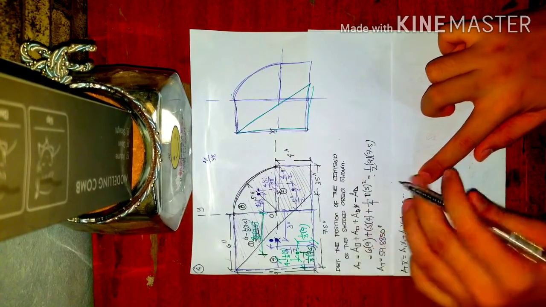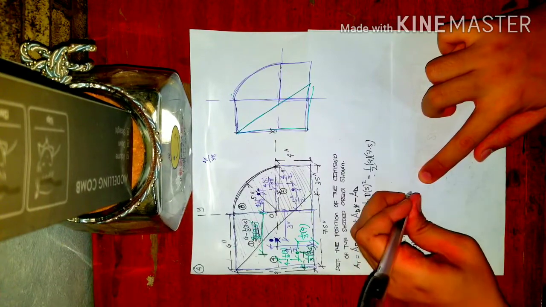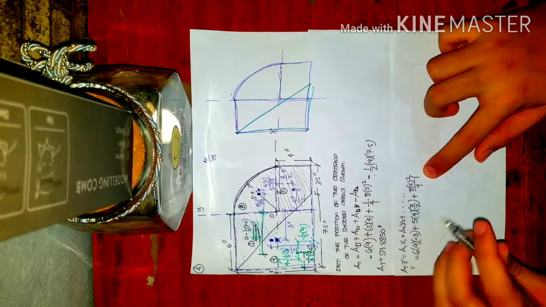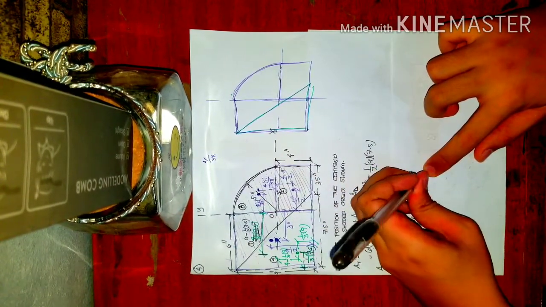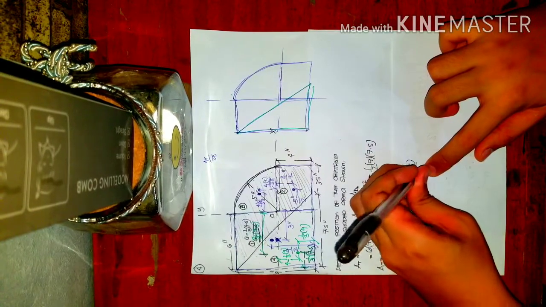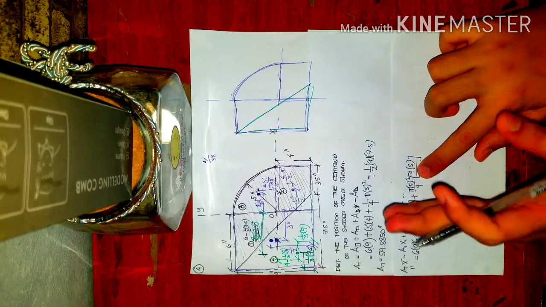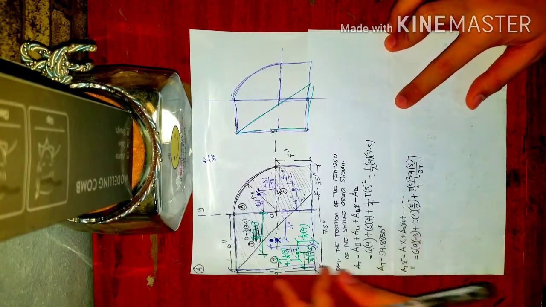Next will be for the quarter circle. So, plus yung area, 5 times 5 squared over 4. Multiply by the distance of 4 times 5 over 3 pi. So, again, positive since nandun siya sa right side. Positive x value.